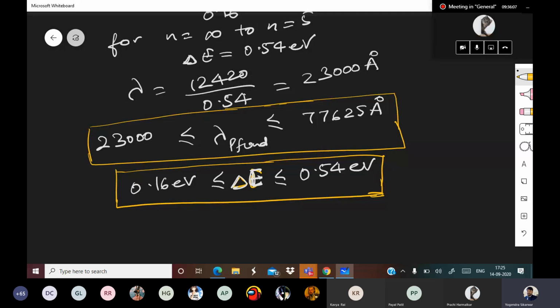You cannot apply the same names to other species. The concept can be applied, but the names cannot be used. You cannot call it Lyman, Balmer, Paschen, Brackett, Pfund if you are using it for other elements. Got it?